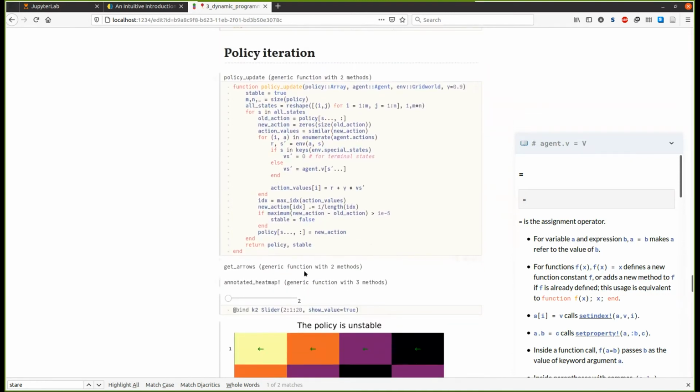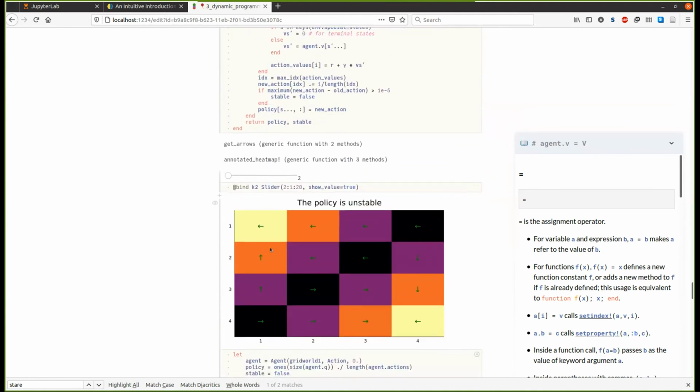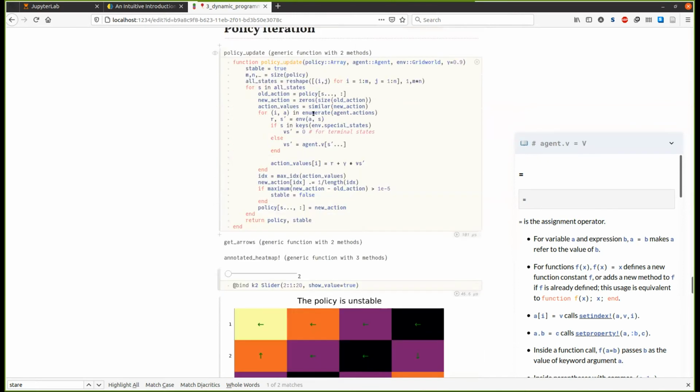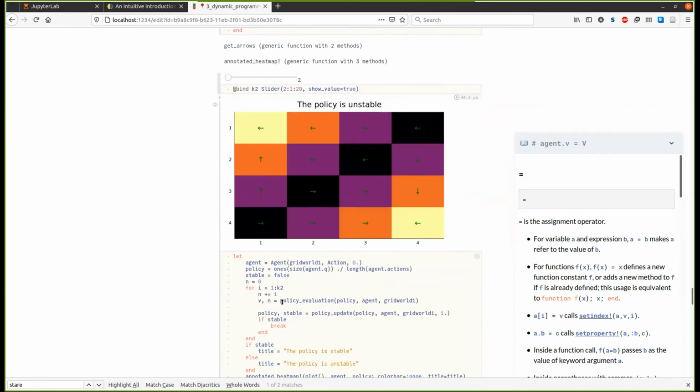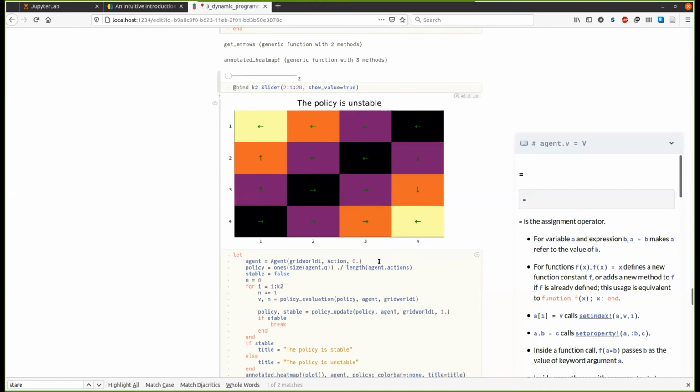So that would be Q, as it's defined in the book, right? And here you can see that after just a single iteration, for this simple problem, we've done one step of policy evaluation and one step of policy update, and this already gives you an optimal policy.